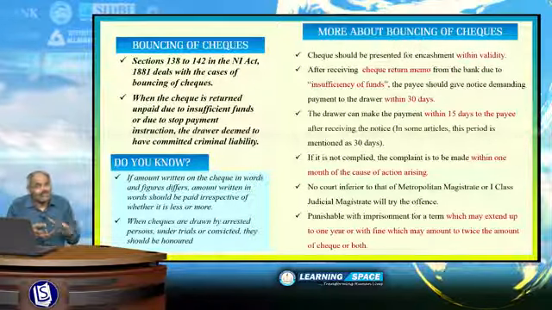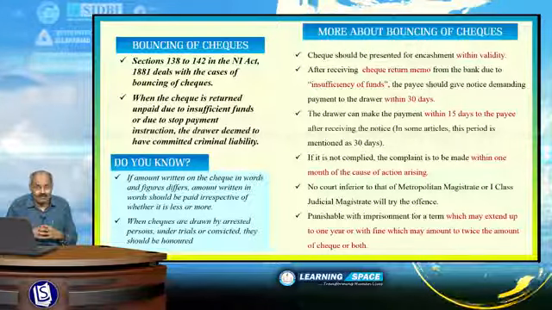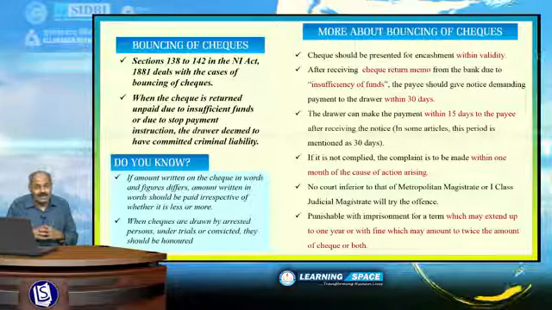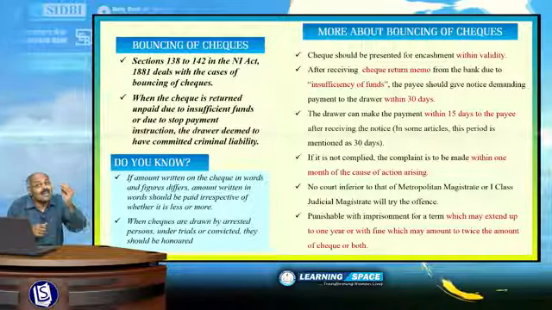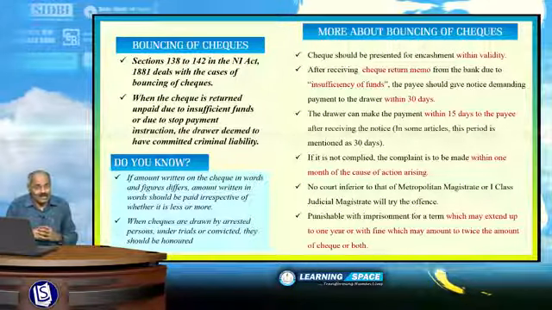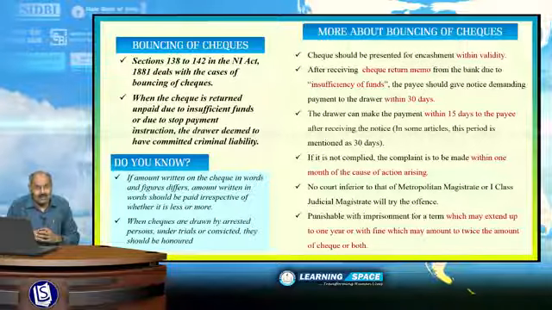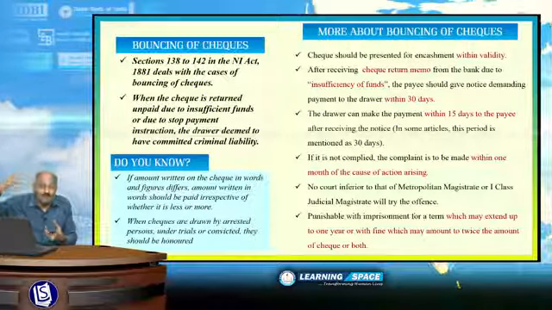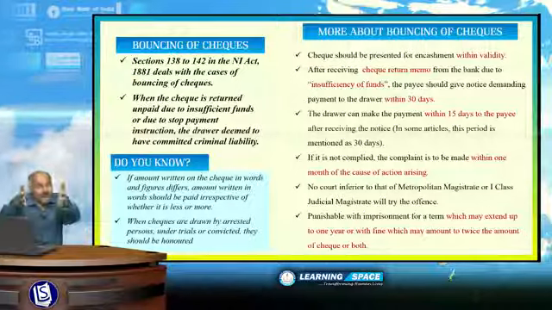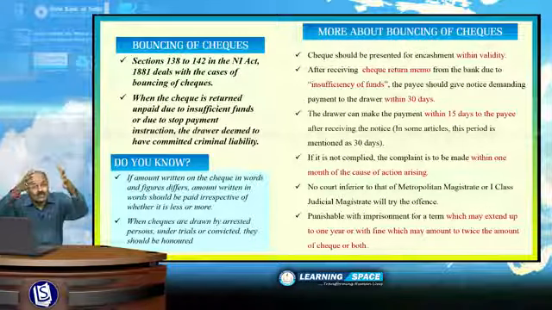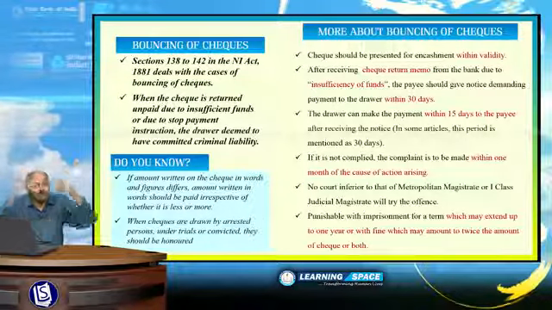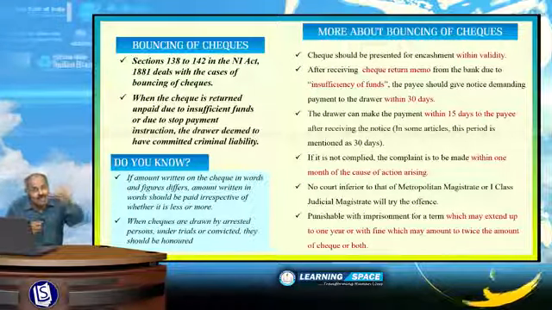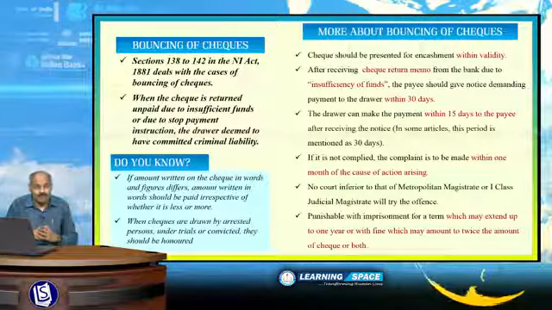And when the check is dishonored, then ultimately the payee can take legal recourse. When the check is dishonored, then payee can approach some court, and the procedure I have listed here. You can go through this procedure. Sections 138 to 142 of Negotiable Instruments Act deal with the cases of bouncing of checks, right?